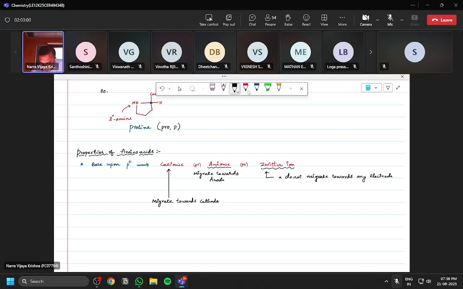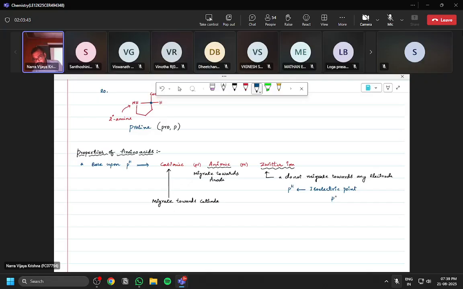The pH at which zwitterion formation occurs, we call that pH the isoelectric point.